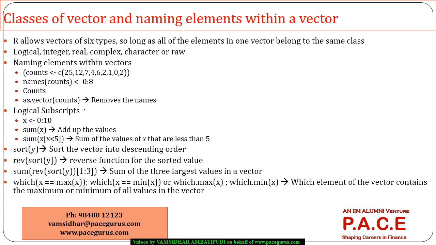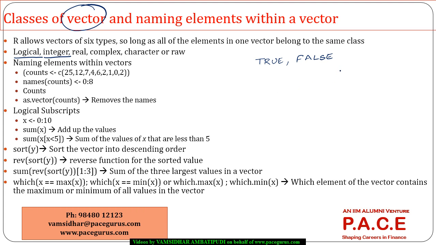Alright. Then I want to know the next part, the different classes of a vector. We see that there are 6 major classes a vector can belong to. Logical, especially if there are true or false kind of outcomes, then the type of that vector will be logical.